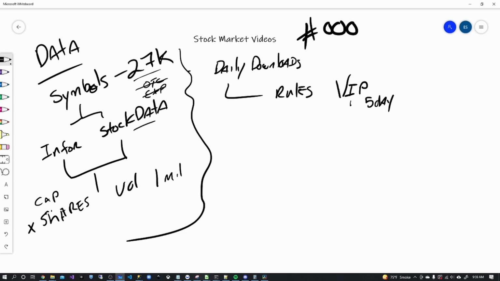So after we get all these rules, we can get more algorithms in, maybe we'll add Supertrend, pretty basic ATR, average true range type trend. But then we are going to want to add more data to this. Splits, earnings, and dividends.